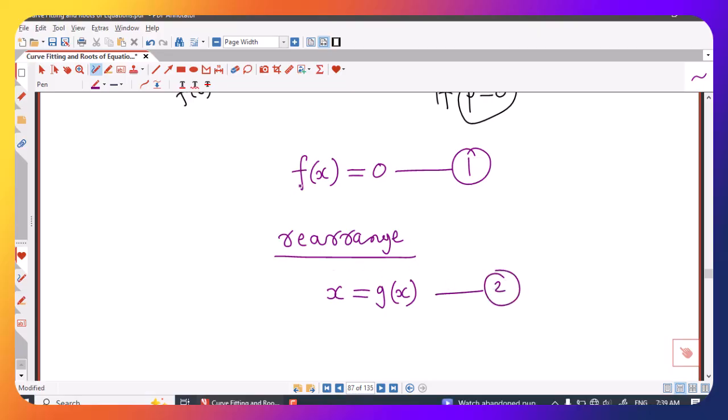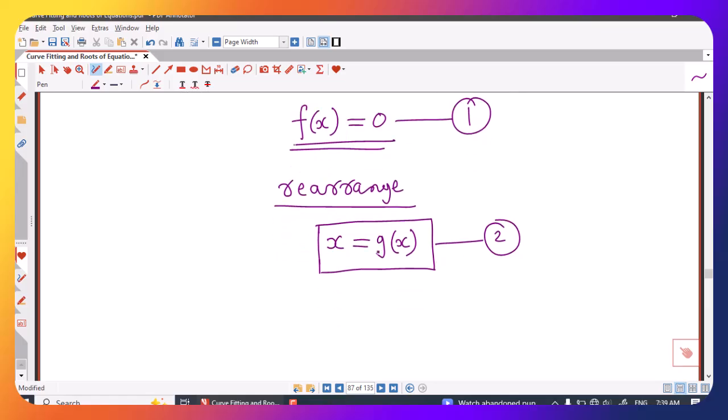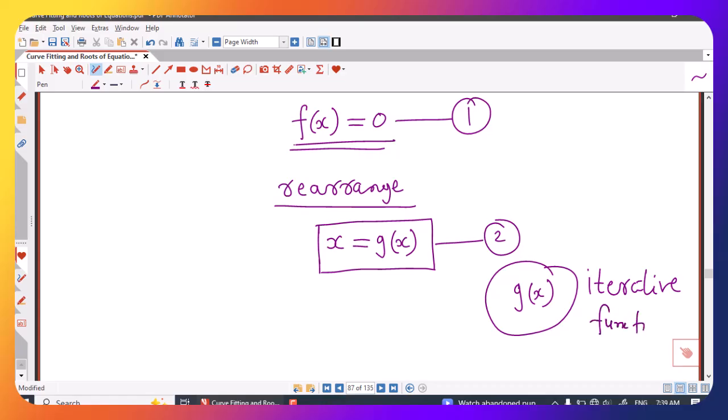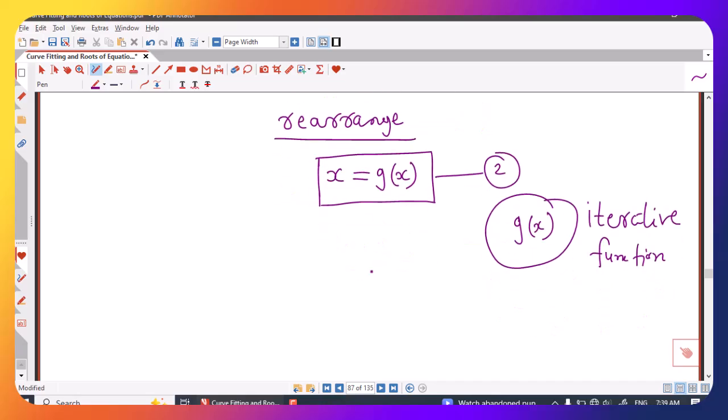That is, we rewrite an equivalent form of this equation, and we call g of x the iterative function. So this is the main starting step: rearrange your equation in such a way that it can be written in this form.